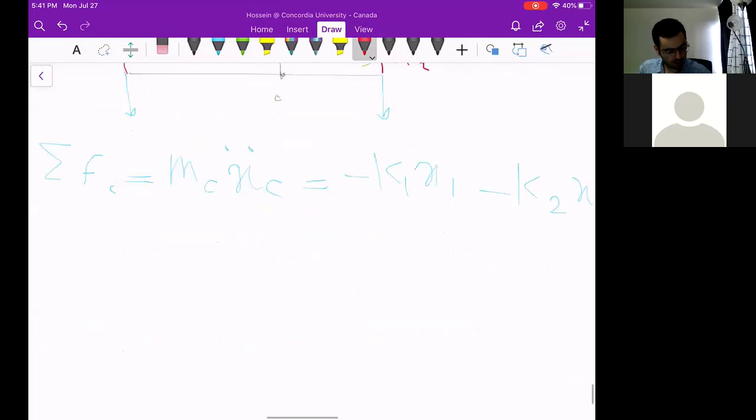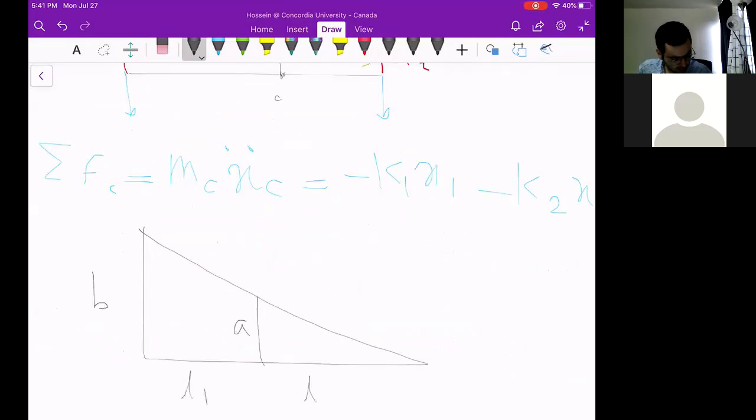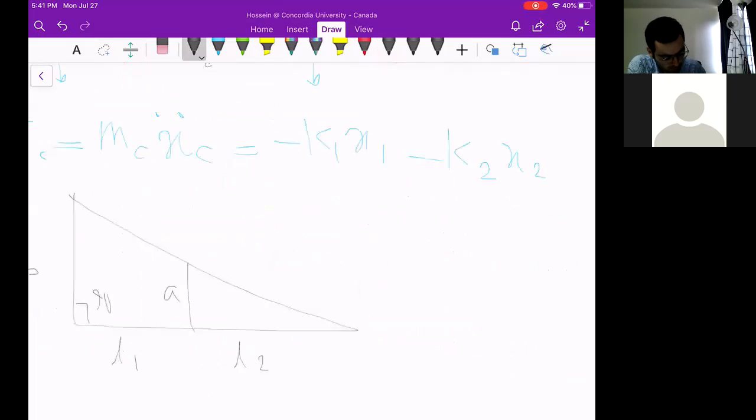So if I have a triangle like this, if this side is B, if this side is A, and this is A and this is L2, whenever this angle is 90 degrees, I could say that A over B is equal to L2 over L1 plus L2.